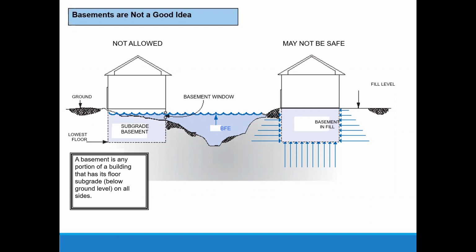And so on the left side, we have a house that is flooding through the basement window. So we have heard people try to argue that a window would keep the water out, but it is not uncommon for them to break, and then you have water going into the structure that way. And then on the right side, we have another basement.